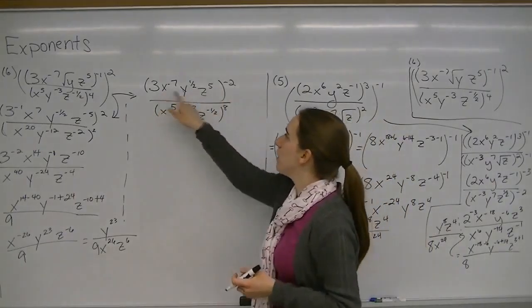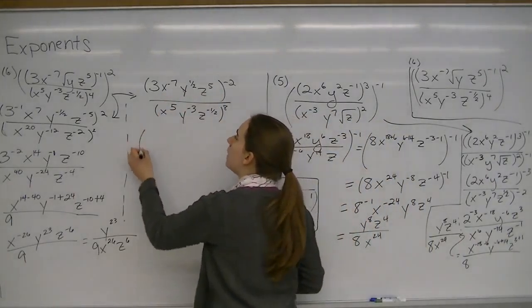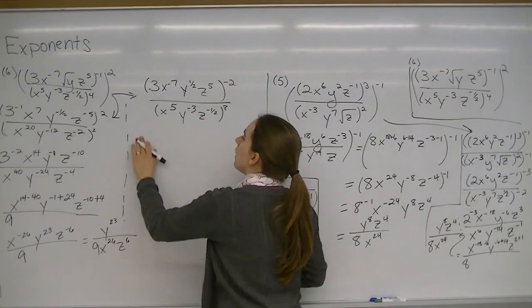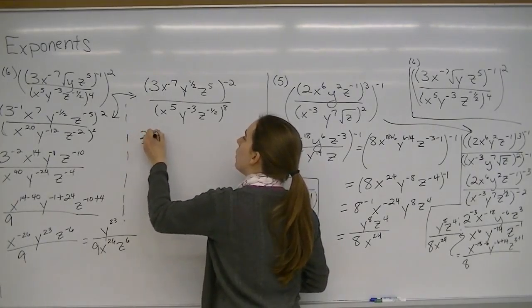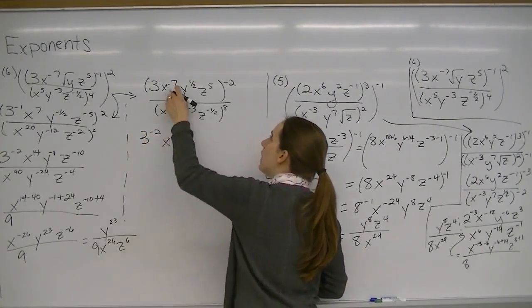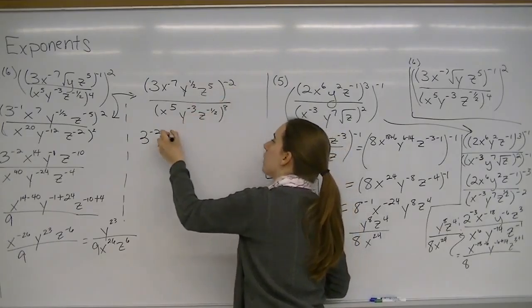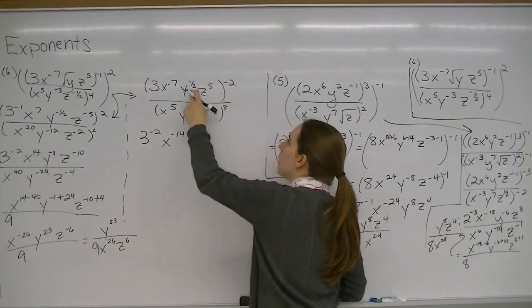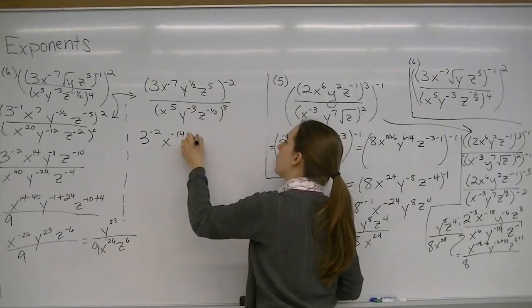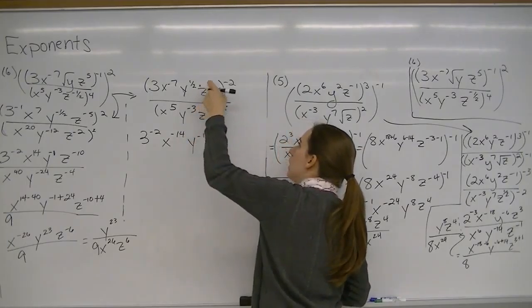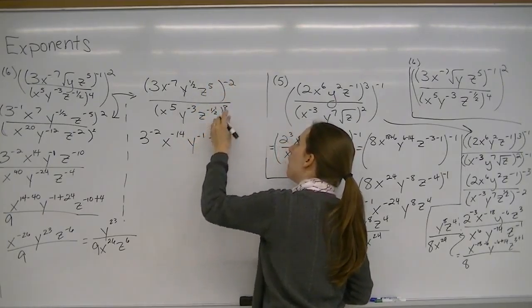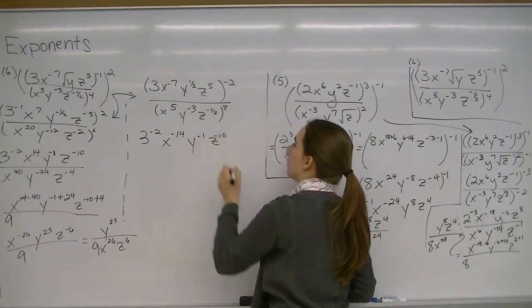Now I can just deal with these powers, so I get, let's see, 3 to the -2, x to the -7 times -2, so -14, y to the 1/2 times -2 to the -1, z to the 5 times -2, so -10.